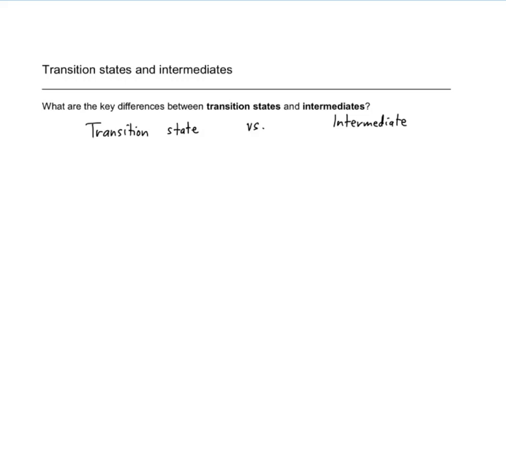First of all, an intermediate is created in one elementary step of a mechanism and consumed in another. By contrast, a transition state is a high energy point between the reactants and products of a single elementary step.